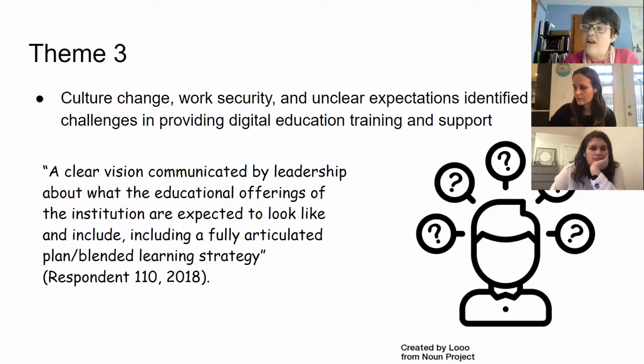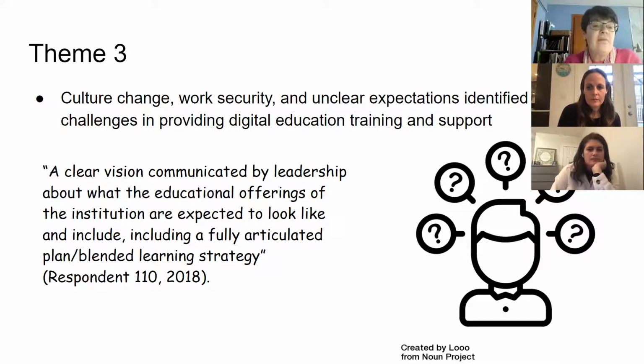Our second challenge around work security concerns emerged, and this was especially important given the number of precarious faculty members such as sessionals that are employed in higher education.